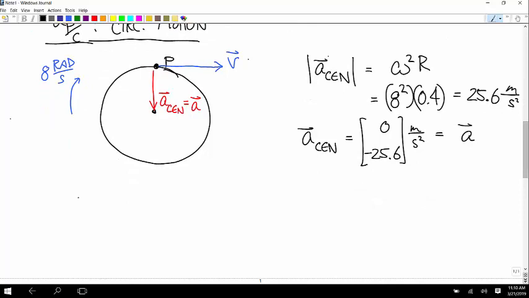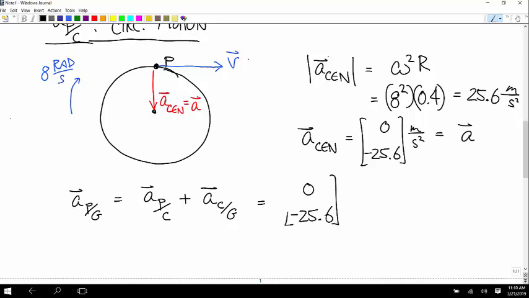So now going to the relative motion part, the acceleration of P relative to the ground is equal to the acceleration of P relative to the center plus the acceleration of the center relative to the ground. Acceleration of P relative to the center is the one that's 0, negative 25.6. Acceleration of C relative to the ground is given as 6, negative 2.